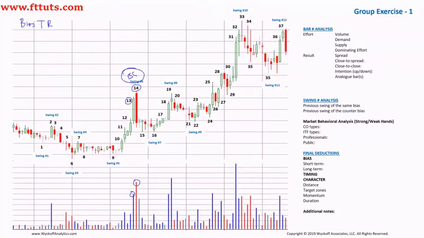Because we said that bar number 14 looks like a change of character, and that suggests a trading range. So at this point, could we speculate what bias we could have? Maybe to the downside due to the high volume on bar 14.